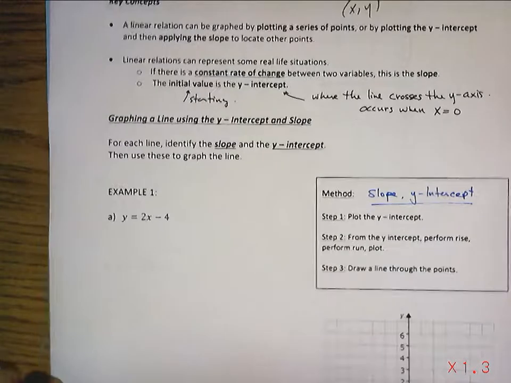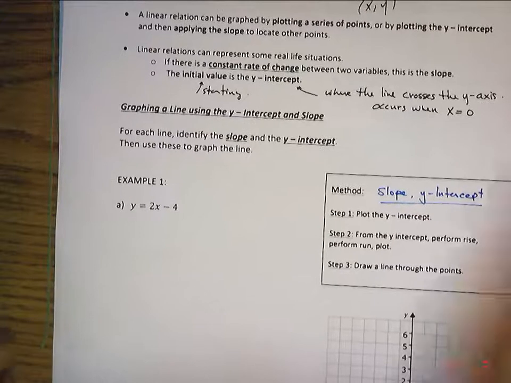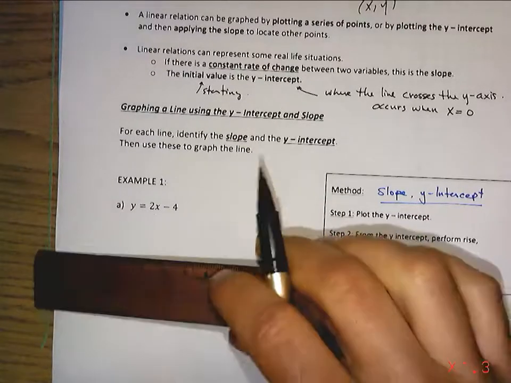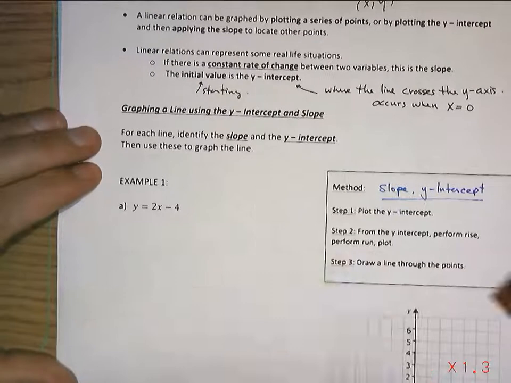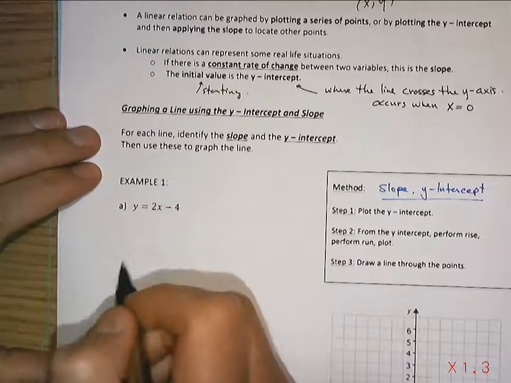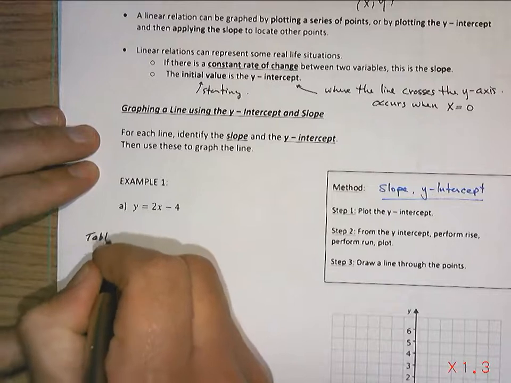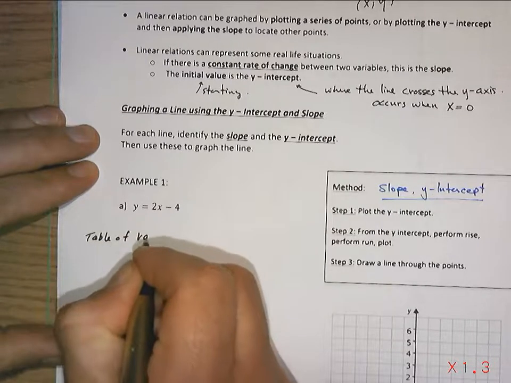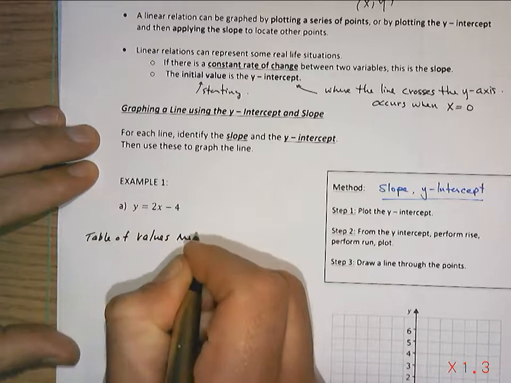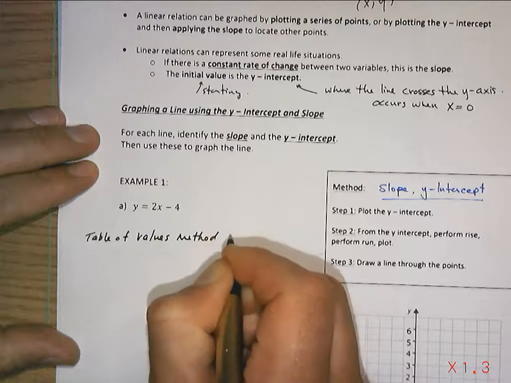And many of you have seen that in grade 9, and some of you may have forgotten about it. But I want to remind you of what you're doing here. And to do that, I'm going to start by talking about the easiest way to graph something like this, and that's to use a table of values. So, table of values method first.